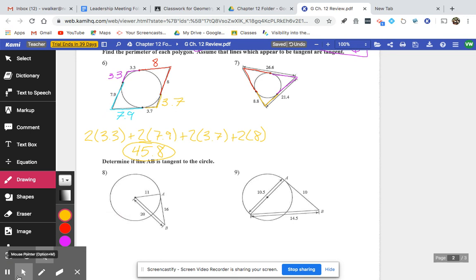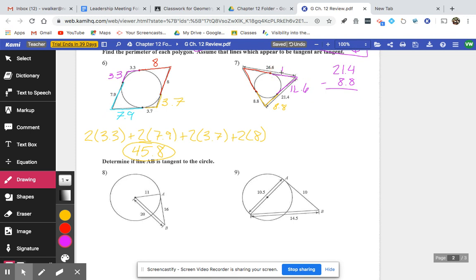I've got an 8.8 here, so that means I have another 8.8 right over there. This whole segment on the right here is 21.4. To find the purple half, take 21.4 minus 8.8. And that gets you 12.6.